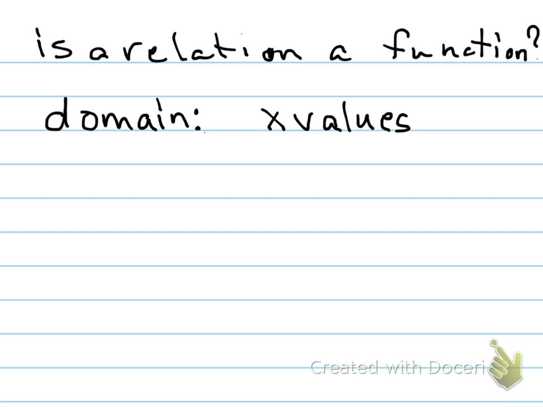Now there are other ways to find out if something is a function, but that depends on the information that you're given. We're going to be given a bunch of ordered pairs, which means we're going to be looking at the x values. Okay? And the way you know it's a function is no x value can repeat.